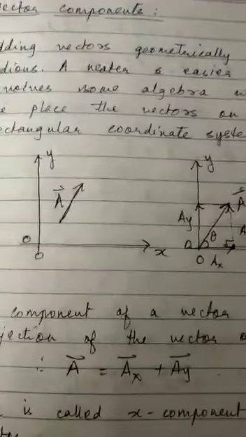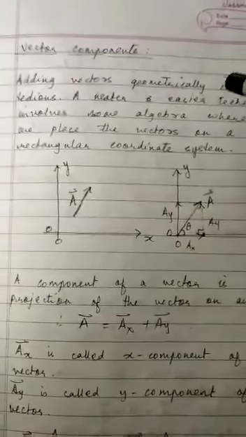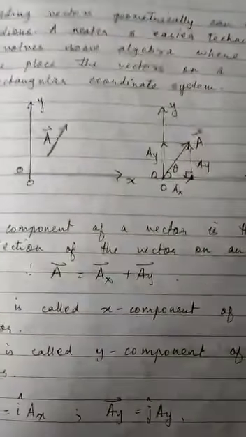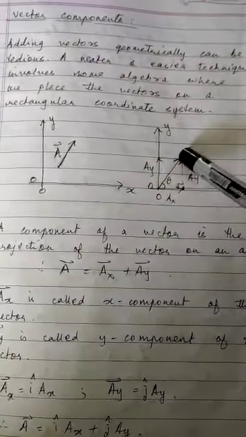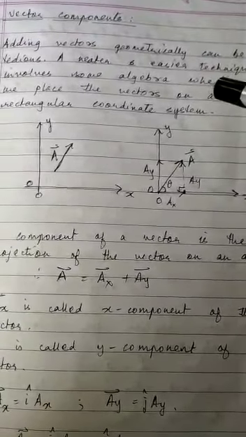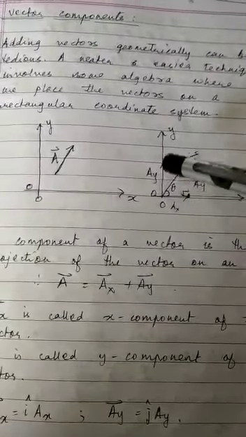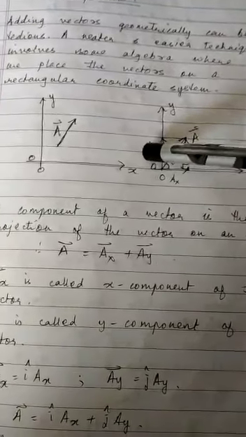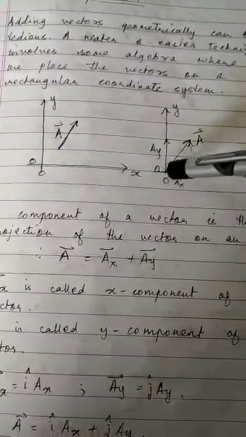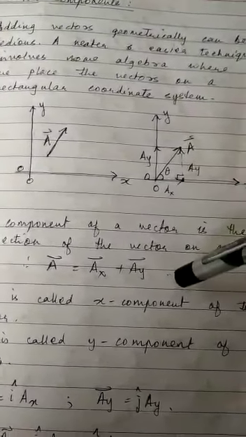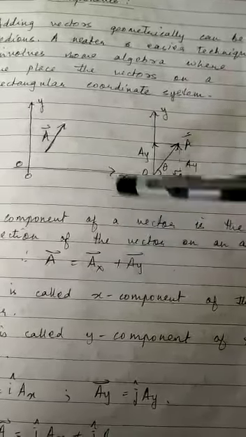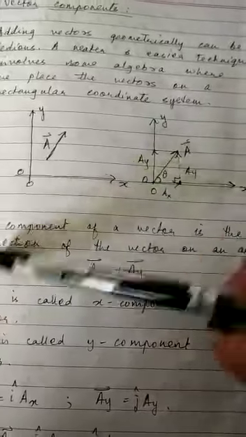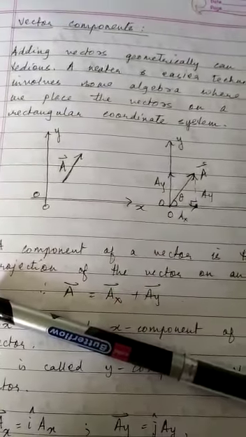Now we come to the concept of vector addition again. We learned that we can add vectors geometrically by the triangle law or parallelogram law, and the analytical method we learned. This kind of vector addition is actually quite tedious, the reason being that if I have a large number of vectors which I have to add, say 5 vectors, 7, 8, 9, 10, then this geometrical method becomes very tedious.